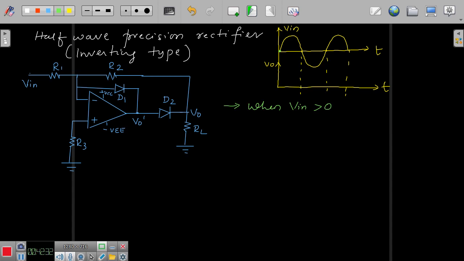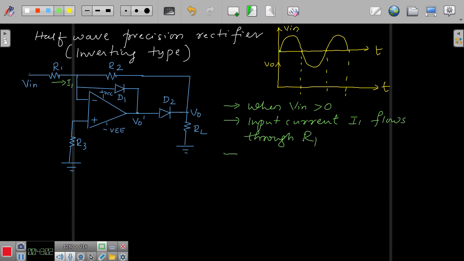Your input voltage is positive here, right? So when the input voltage is positive, let us say that the input current I1 flows through R1.